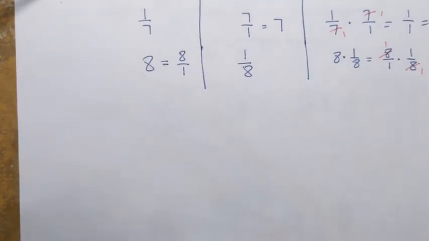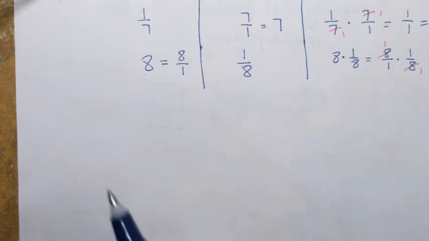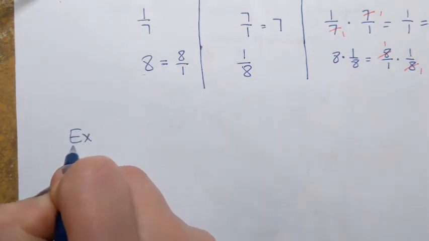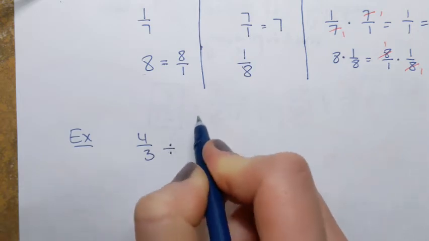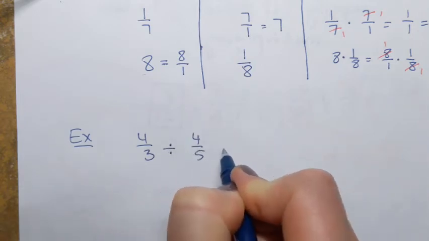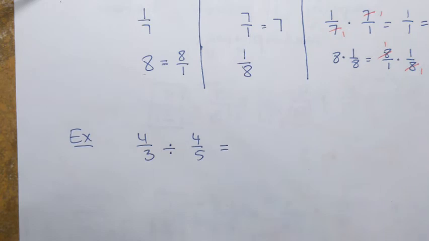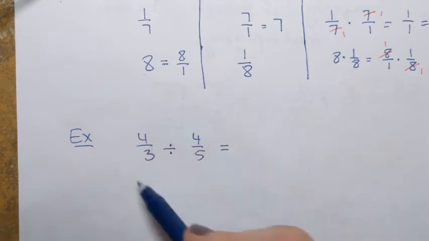And now let's look at the example where you need to divide fractions. So here's an example. 4 over 3, we need to divide by 4 over 5. Now, when you perform division of fractions, you have to remember two things. There will be two changes to the original problem.